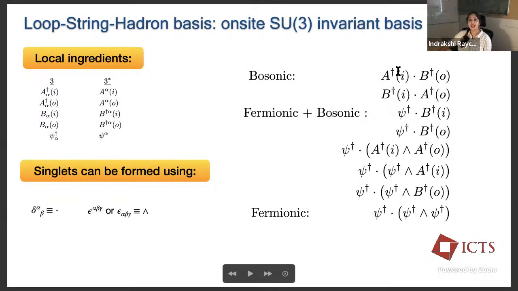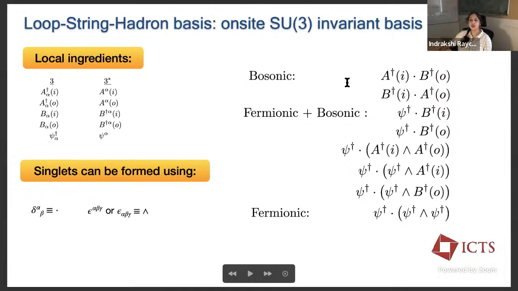In the same way, that leads to a finite set of fundamental creation, but SU3 invariant operators that can be defined at one site. For example, these are the purely bosonic operators that have been created by contracting this triplet and anti-triplet with deltas. And similarly, these ones contain some antisymmetric combination of one fermionic and two bosonic, or two fermionic and one bosonic, or even three fermionic degrees of freedom.